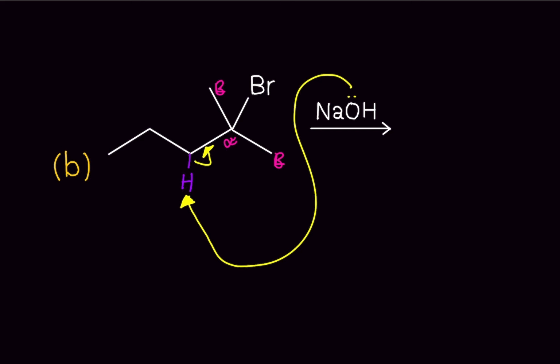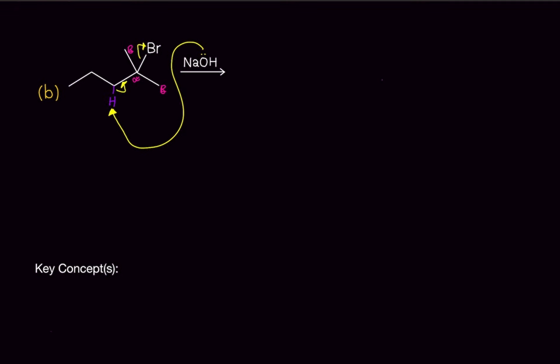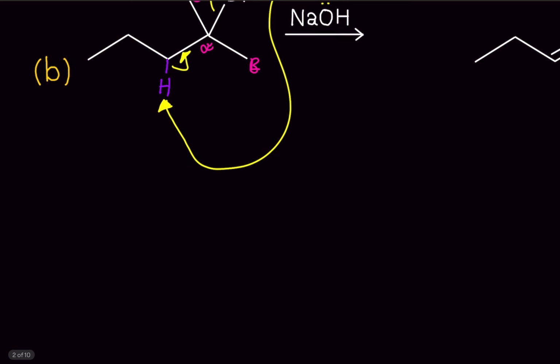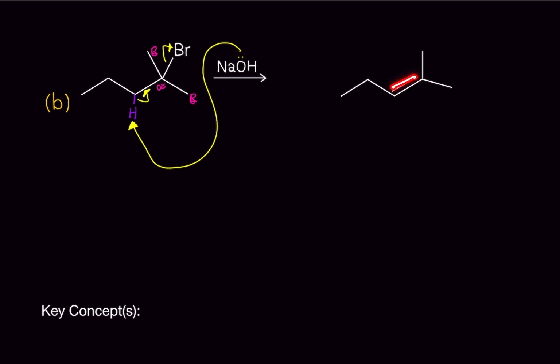And then now, since this alpha carbon has more than 4 bonds, right, because you have 1, 2, 3, 4, and now this double bond, which would be 5, we must kick out the halogen. All right, that would be this answer. We formed the double bond between this alpha and beta carbon. This beta carbon is right here. So we formed a double bond right there, and that's what this is. And now the halogen's gone, because we kicked it out.